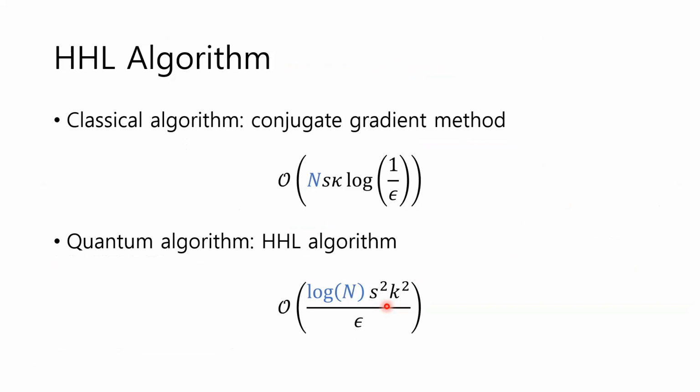The classical algorithm has time complexity of O(n), which is linearly proportional to input size. On the other hand, the quantum HHL algorithm has log n time complexity, which is an exponential improvement compared to the classical algorithm.